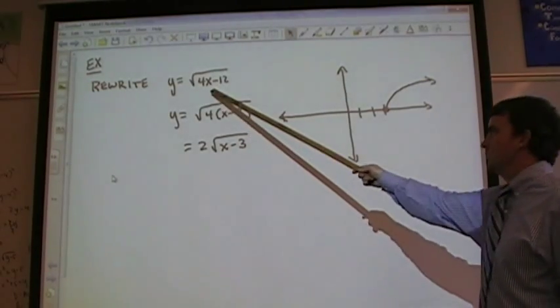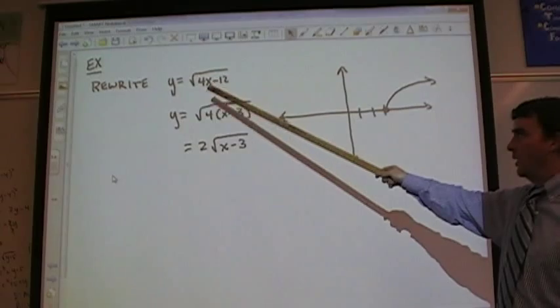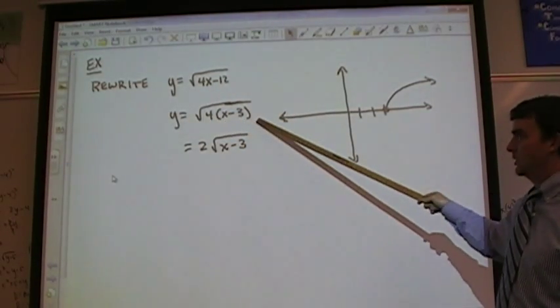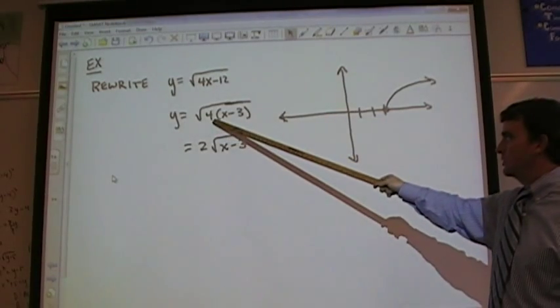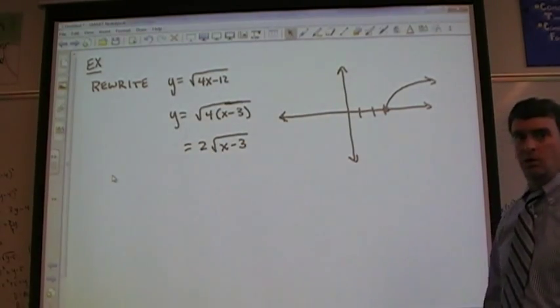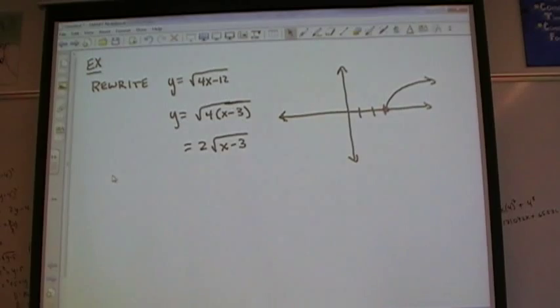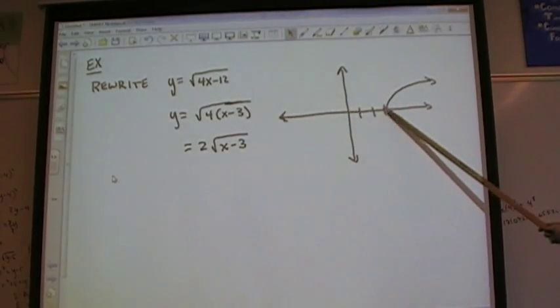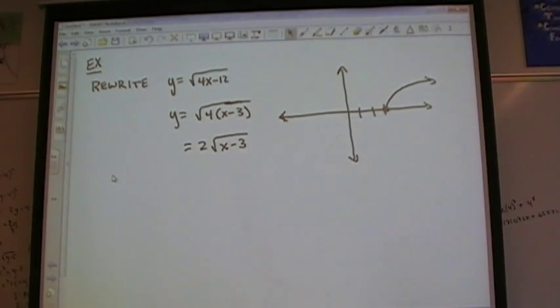You should be able to look at this and tell that we can factor a 4 out of 4x minus 12. Now look at the square root of 4 times x minus 3. And then I can take the square root of 4, which is 2. And it's a square root function. So I know to shift 3 units to the right, and it opens up. So at any point that you can simplify under the radical, you need to do so.